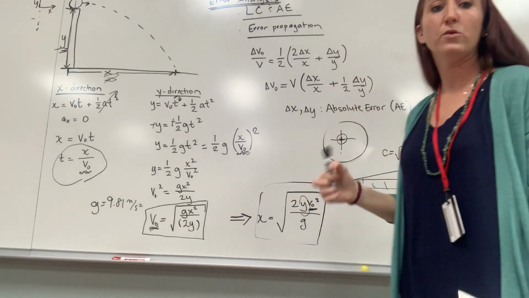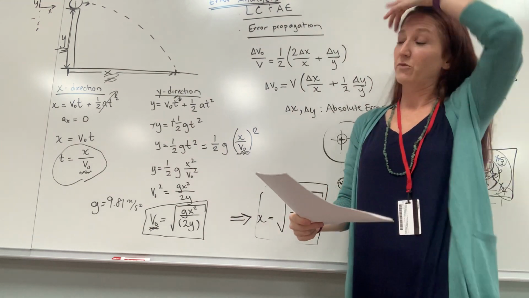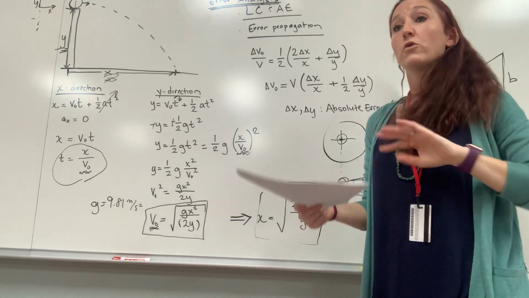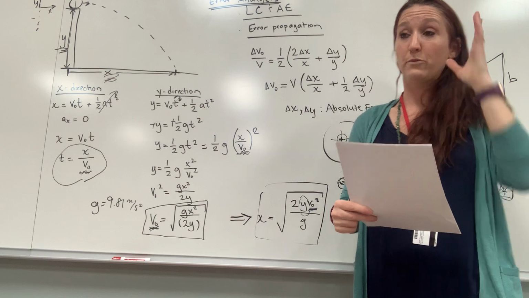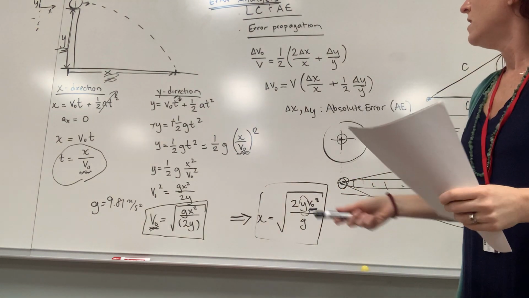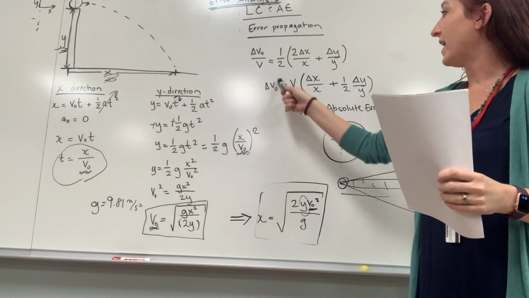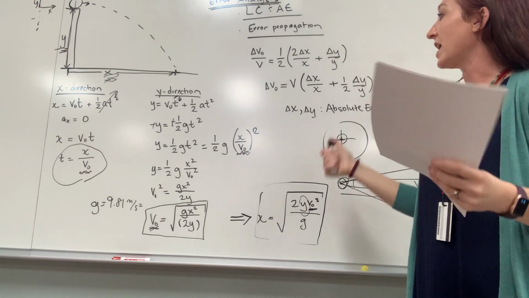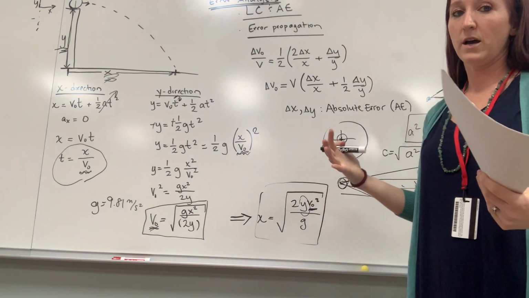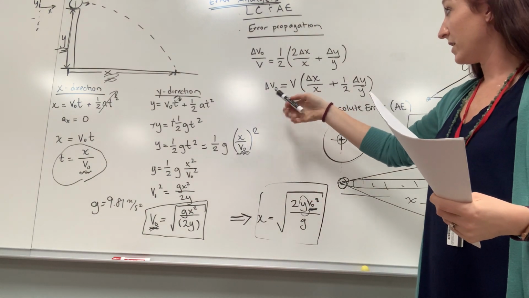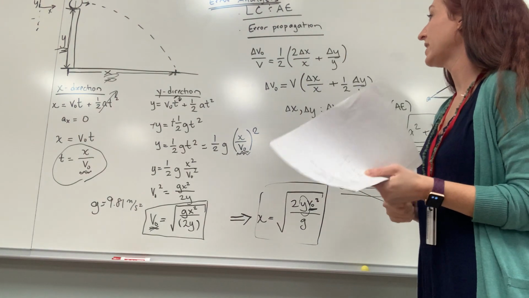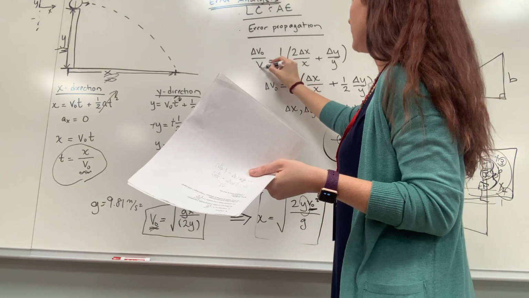We did this in week 1. You can reference your error sheets or your lab handouts if you saved it from lab 1, week 1. We're going to try to find how much error we think was found when we calculated our V naught, okay?